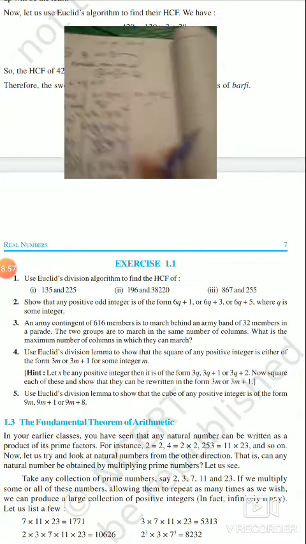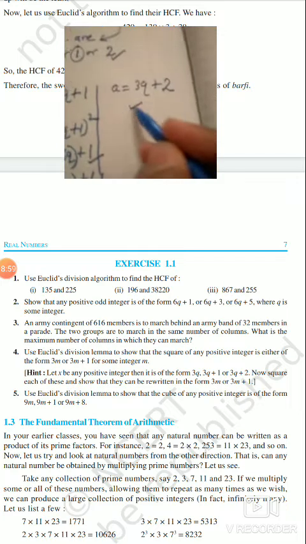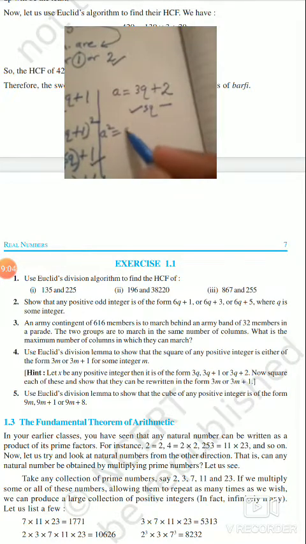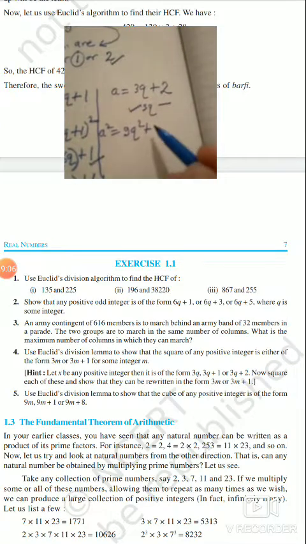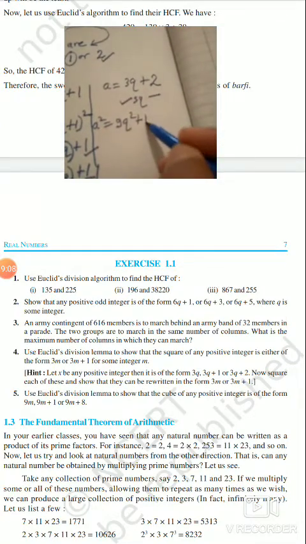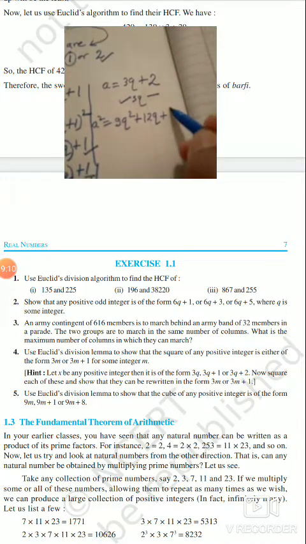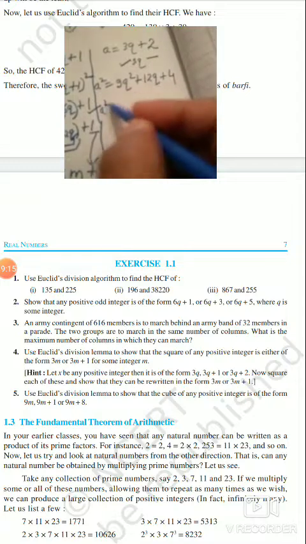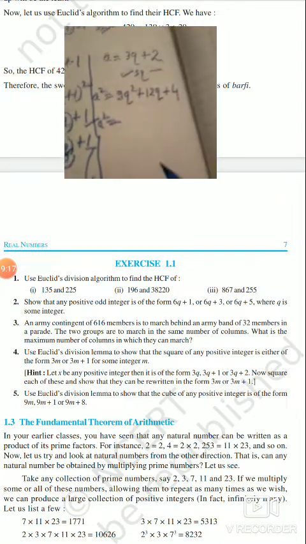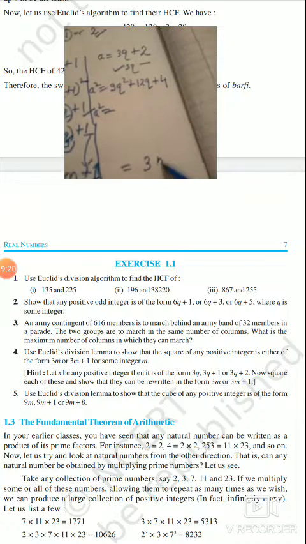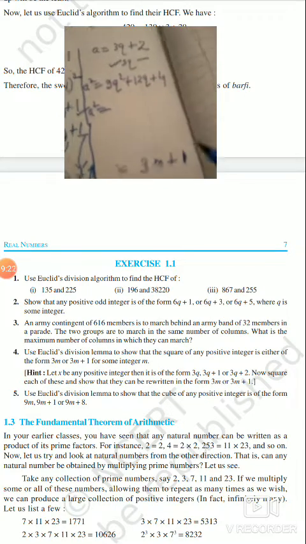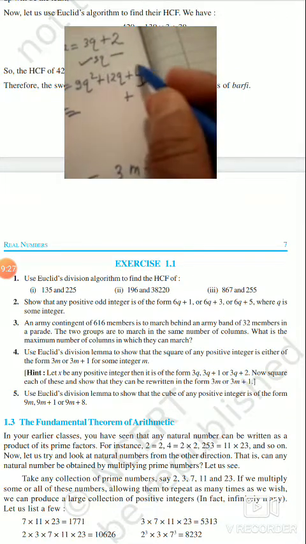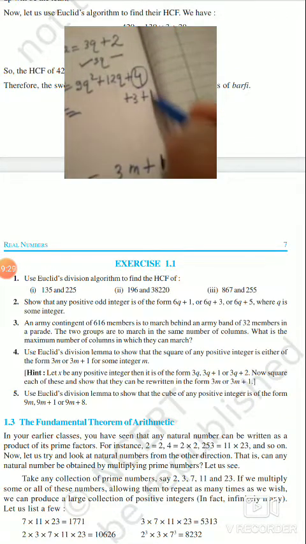This is proved. Now the third part, again squaring both sides. It becomes a square plus 2ab plus b square. Because the answer is 3m plus 1, how can we get 1? So we'll break this 4 as 3 plus 1.